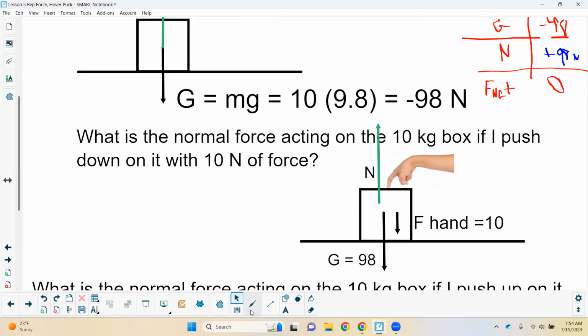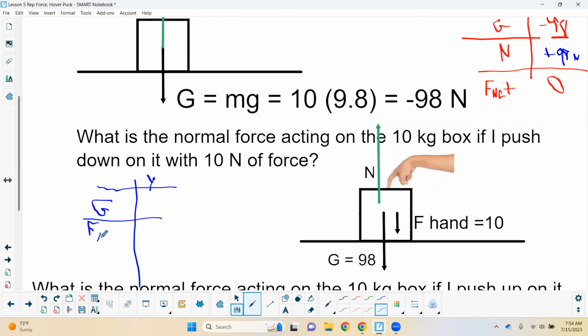So again, we'll set up our table and try to figure this out. The big difference here in this one, again, is that we're just dealing with the y direction. If we had multiple directions, we could write an x over here, but we have our gravity. We have the hand, so I'm just writing F and then a little subscript of hand here for that.